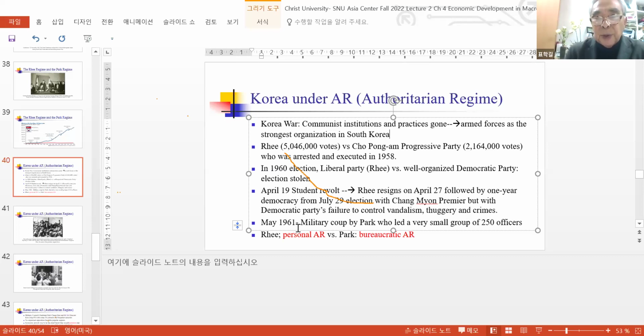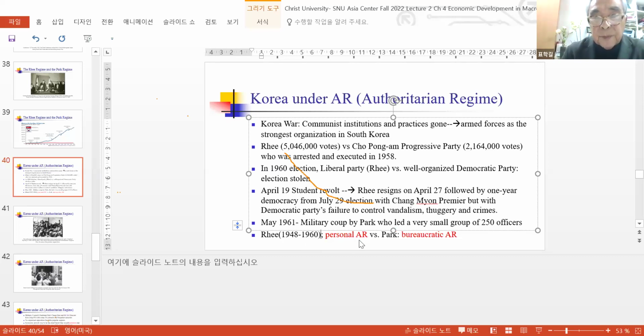May 1961, small military group led coup by President Park, who led a very small group of 250 officers, has won the coup d'etat. And we can define Lee Seung-man regime from 1948 to 1960 as a kind of personal authoritarian regime.